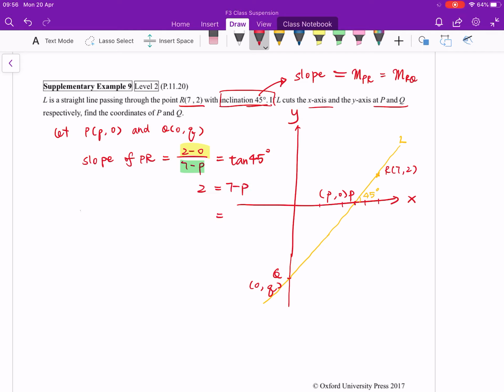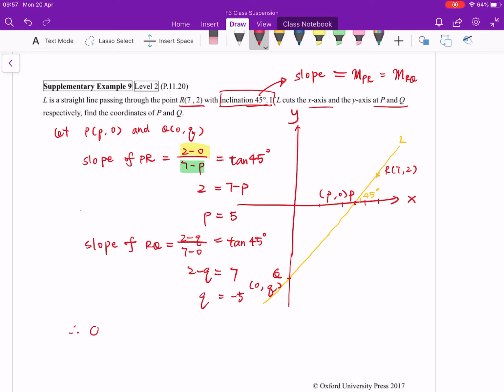I hope you can remember this. So p is 5. And then similarly, slope of RQ equals 2 minus q over 7 minus 0, as they fall on the same straight line, so same slope, still tangent 45 degree. So you have this one, the value of q is negative 5.